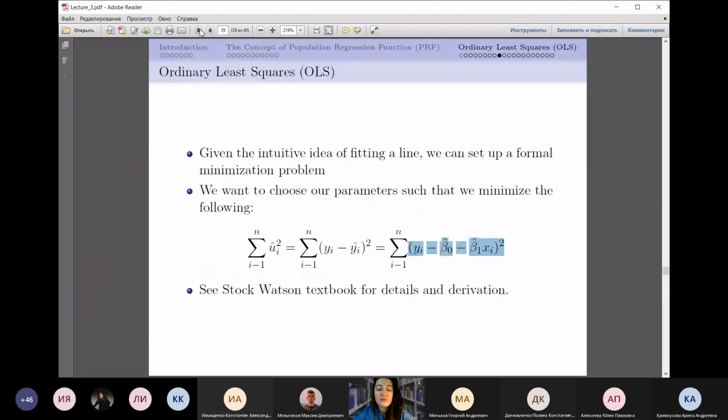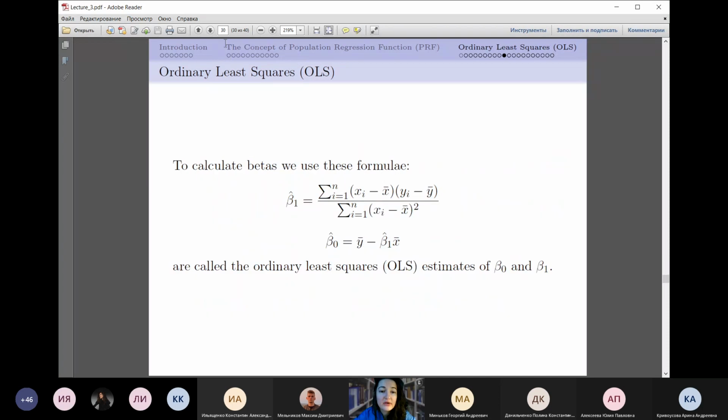You can find more details on how to derive beta 0 and beta 1 from this equation. You can read Stock and Watson. I will recommend some pages where you can find how to derive beta 0 and beta 1. But here you can see the final formulas for beta 0 and beta 1.